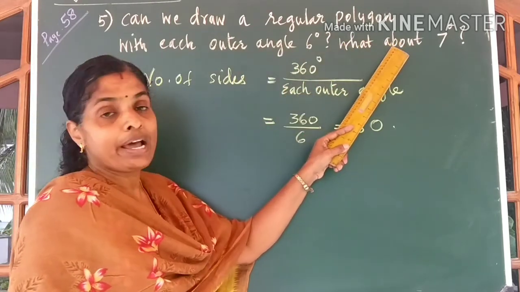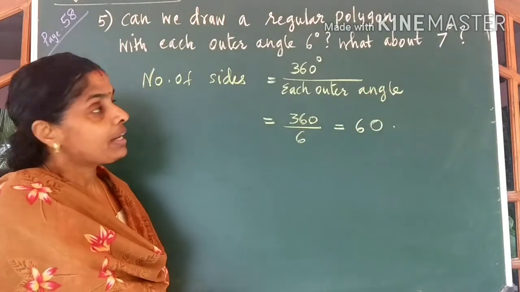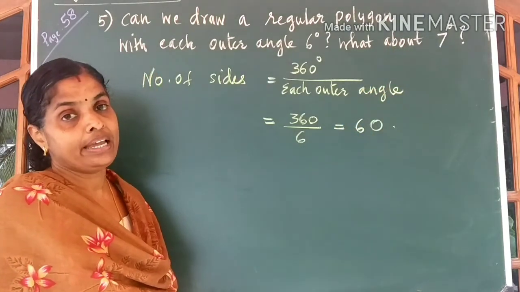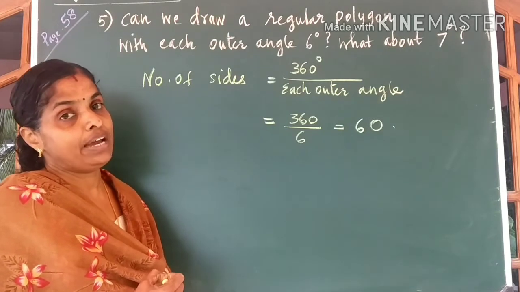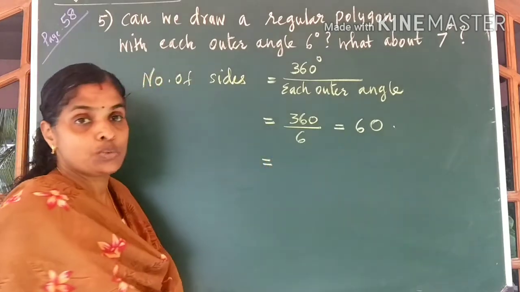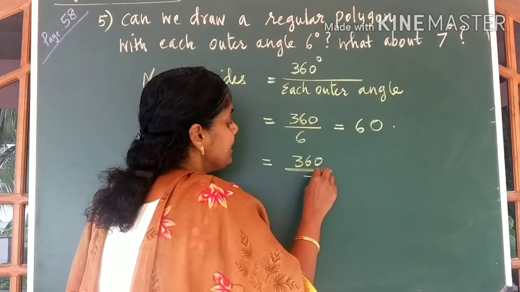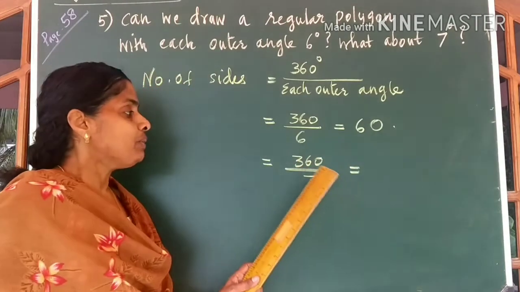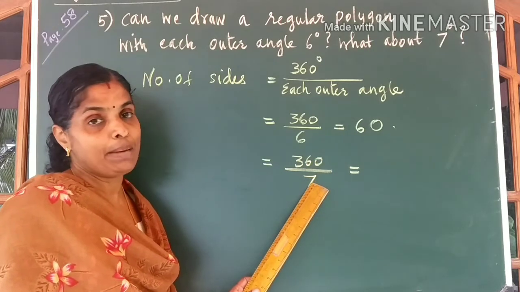Come to the next part of the question, children. What about 7 degrees? Can you draw a polygon with each outer angle 7 degrees? Here again, we find the number of sides. So if you find the number of sides, what do you get? You get 360 divided by 7. Now 360 degrees is not exactly divisible by 7.